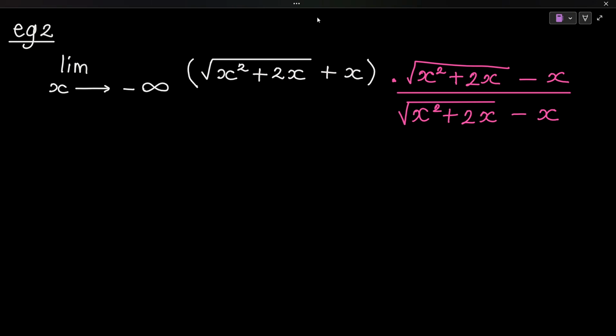Now we are going to multiply. So it's as if we are multiplying two fractions here. So multiplying the numerators together, we're going to have this square root times itself. So the square roots are going to cancel, and we're going to be left with x squared plus 2x. So we're left with what was underneath the square root.